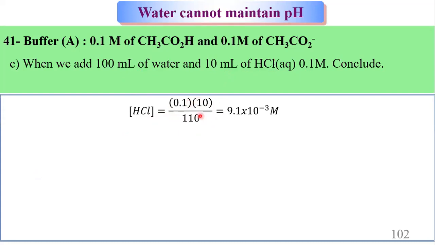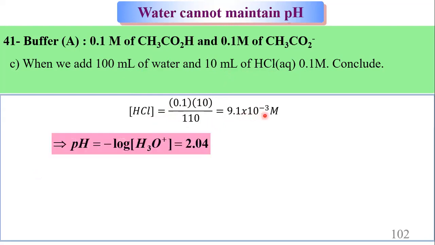So the concentration of HCl in my solution is 9.1 times 10 to the minus 3. And you all know that that's it. This concentration of HCl is greater than 3.2 times 10 to the minus 7, and therefore I can simply say the pH is minus log of that HCl, which is the H3O+ concentration. Take the minus log of this value, and you get 2.04.